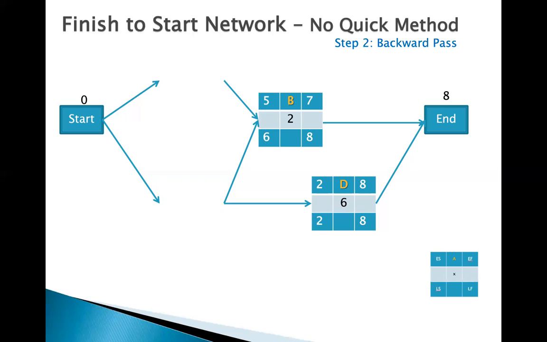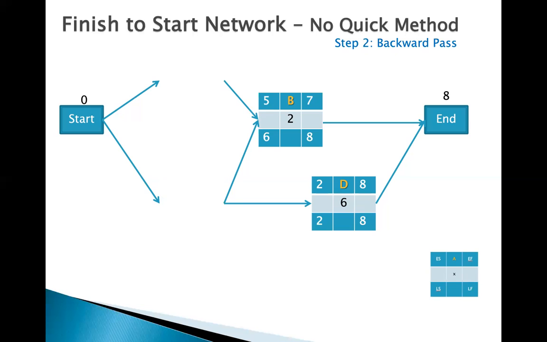We don't have any additional options. That is a very easy decision to make. So the late finish of activity B is 8. And the late finish of activity D as in David is also 8. Why? Because we don't have any additional options here. So it's a very easy decision process here.